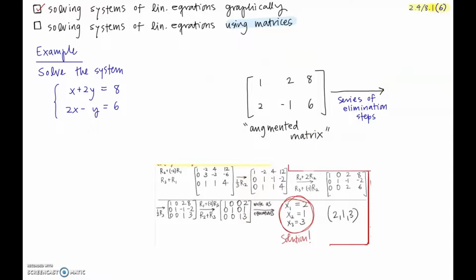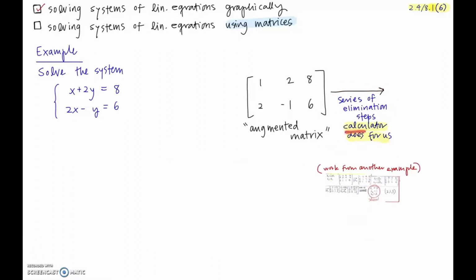What that means is you're adding certain rows, multiplying certain rows by constants, you might be swapping rows, but the whole goal ultimately is to get something with a diagonal of ones and some zeros beneath and some zeros above. We're not going to go into a lot of detail because your calculator will do a lot of it, but there's a lot of arithmetic going on in those elimination steps.